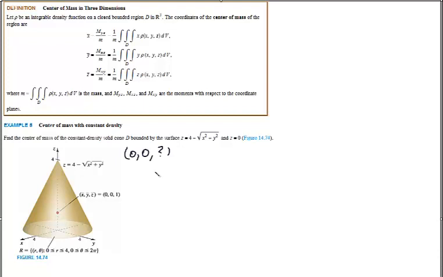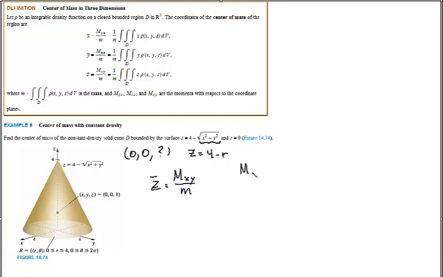I could do this in cylindrical coordinates, and that would make my life a lot easier, because you will notice that this right here is just r. So I could write down that z equals 4 minus r. So let's go ahead and find this moment xy, and that will get me my z value, and that'll be over my total m.